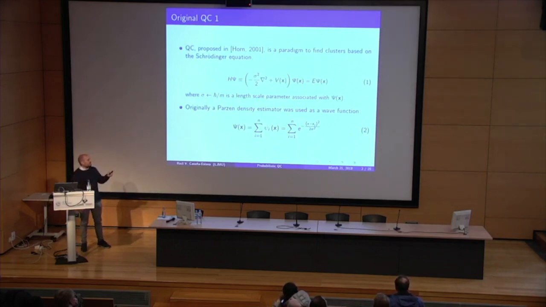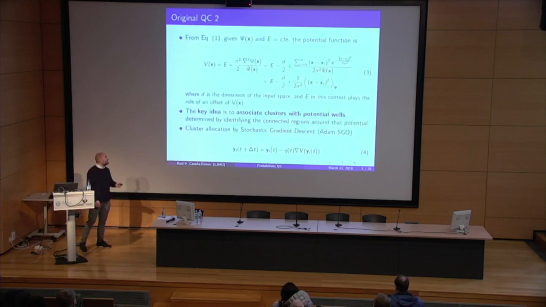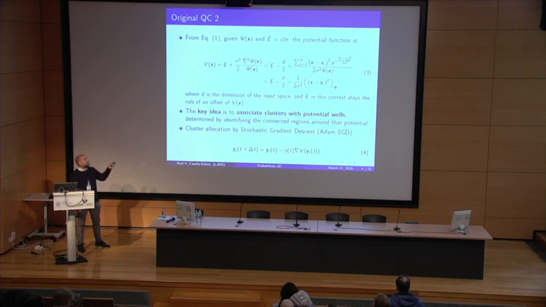We assume that the wave function is a Parzen density estimator, where each observation is represented by a Gaussian function with a single length scale. That length scale is the same as here. Once we have the wave function and some constant energy value, we can derive the potential.